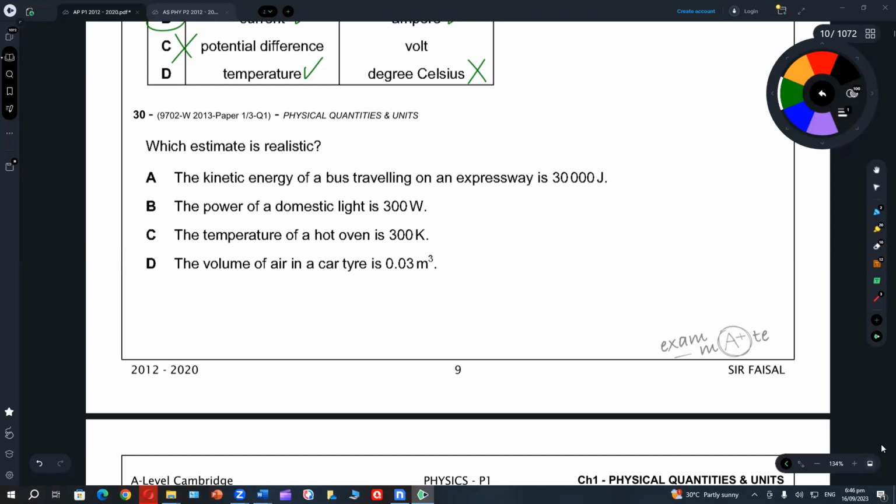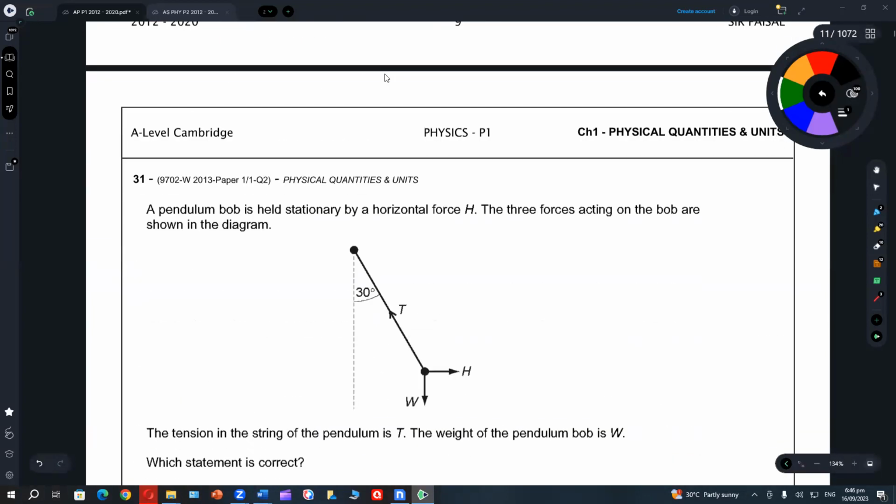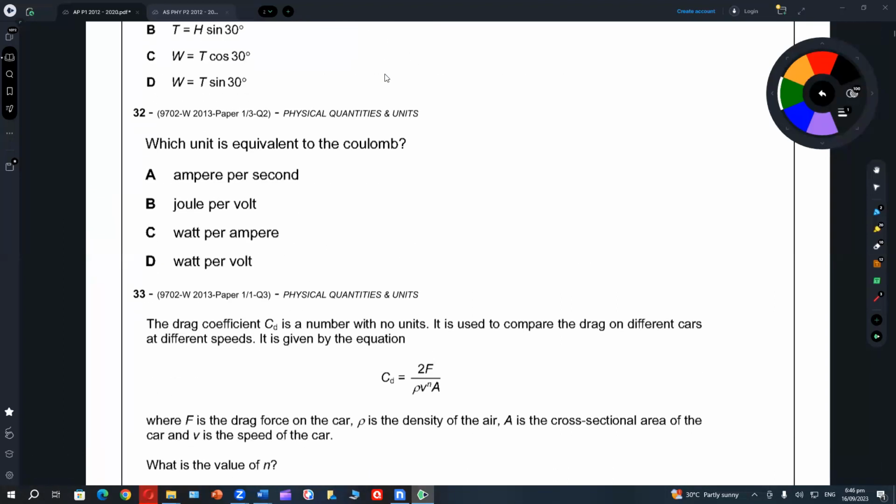Normally we do not come across all these units in our country. People are aware of domestic light power, that's right. But temperature of an oven, we normally do not look at that. We just put the thing and heat it up and just eat it. So these type of estimations always come very problematic. I'm focusing on SI base units right now.